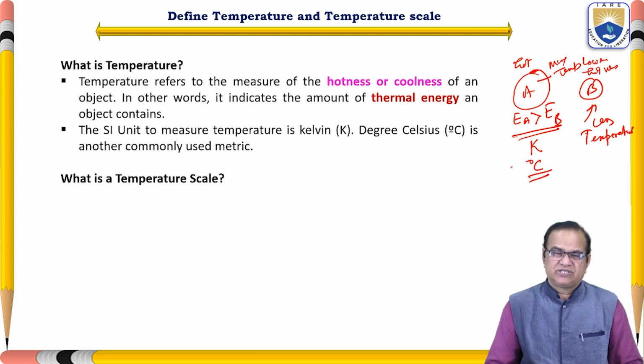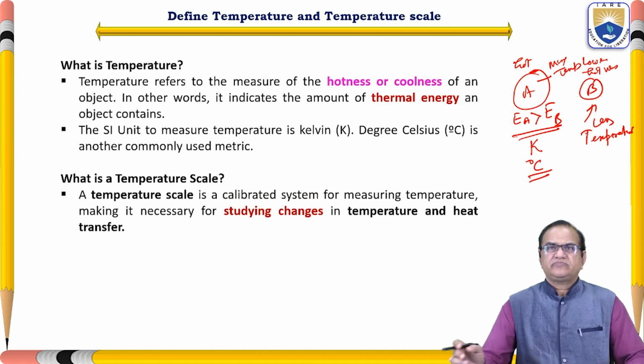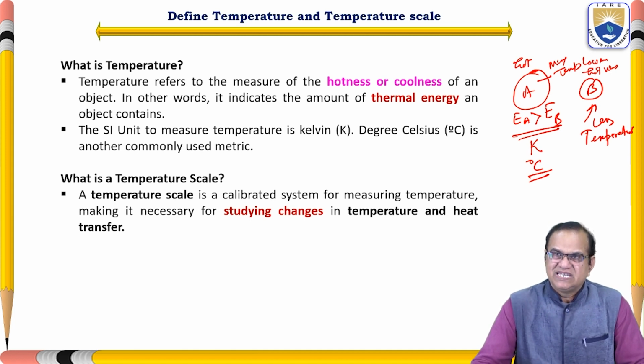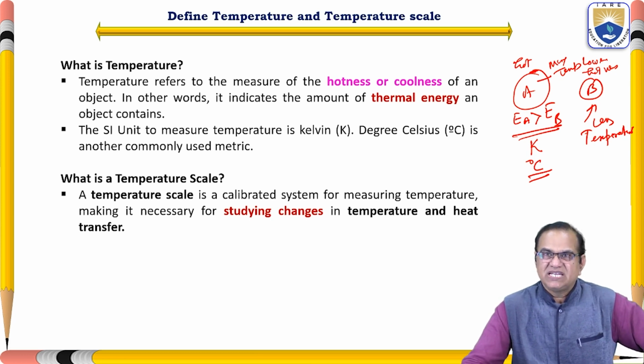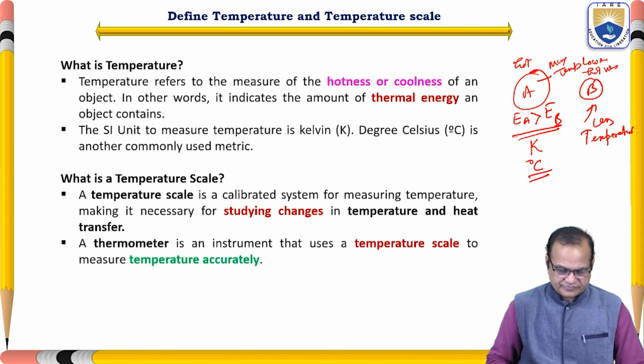These are the units. So what is a temperature scale? A temperature scale is a calibrated system for measuring temperature, making it necessary for studying changes in temperature and heat transfer.